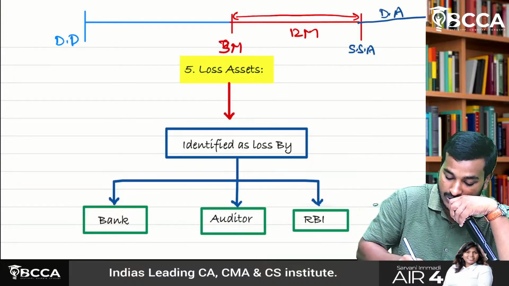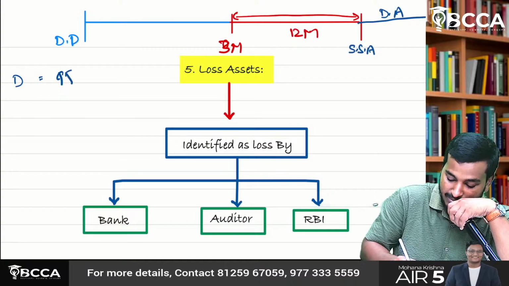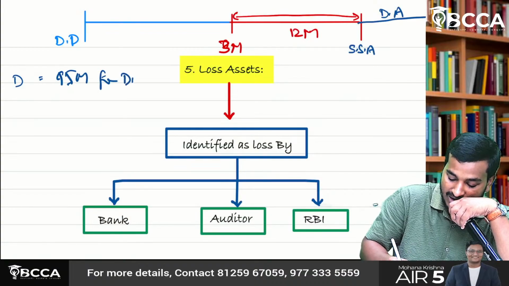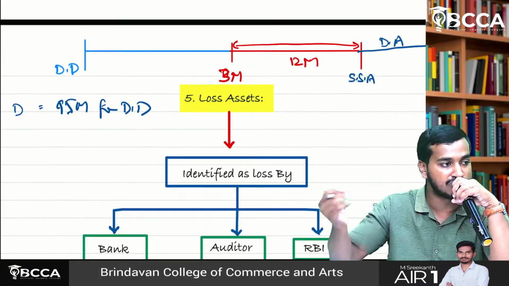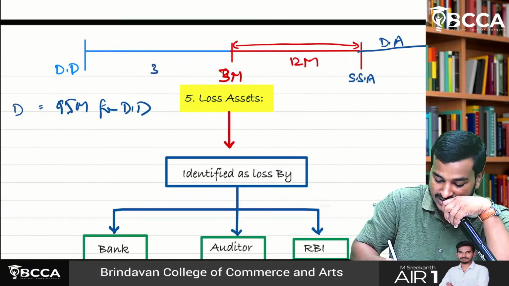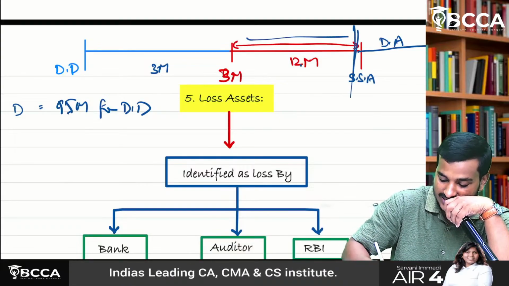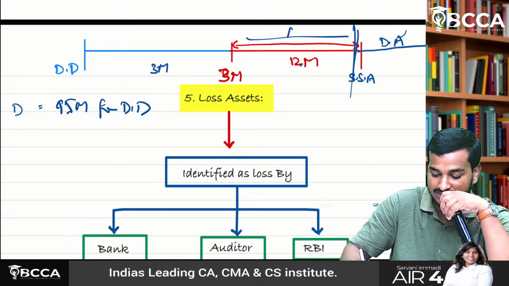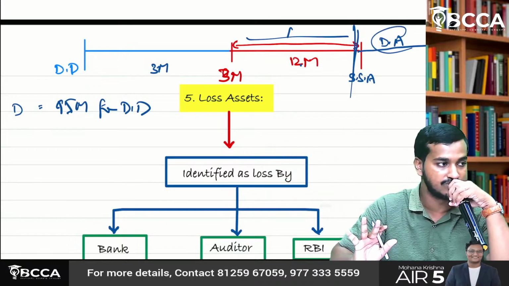They will ask one question in our material. They will tell you 15 months from the due date. Tell me what will happen, 15 months from due date. Substandard or doubtful? This is 3 months, no? This is 12 months. Within this only. This is substandard only. 15 months from due date is not doubtful. From NPA, 15 months, that is doubtful.